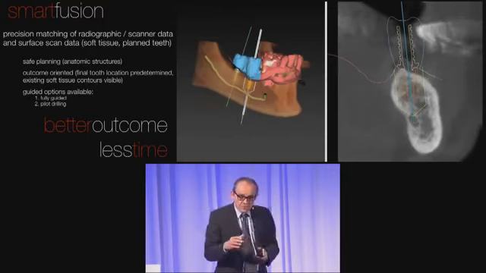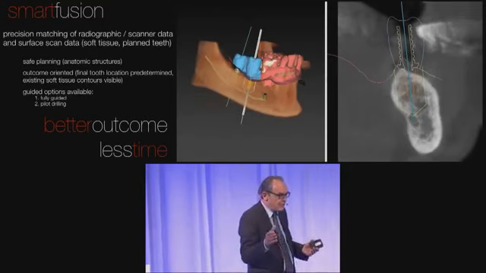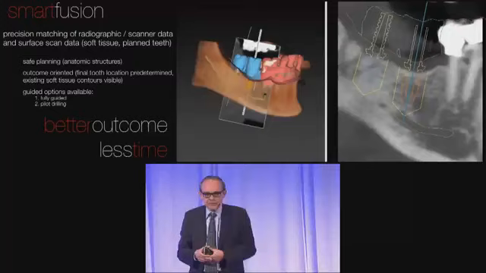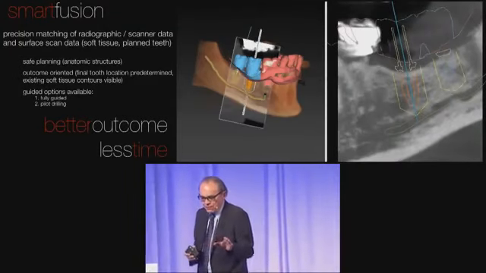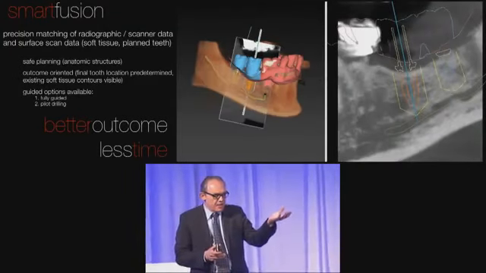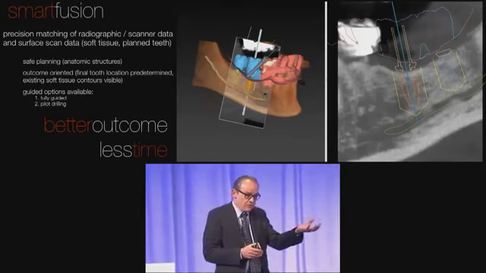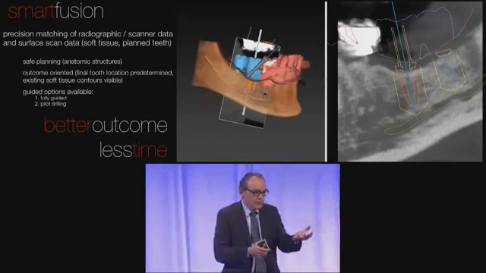And once I come to the conclusion that this is the ideal implant position, I just have to press a button and the surgical template is generated. And the fit of these surgical templates, because it's based on a scan of an impression, is unbelievable.